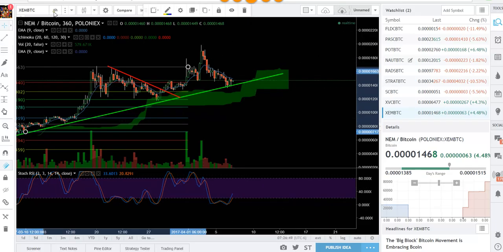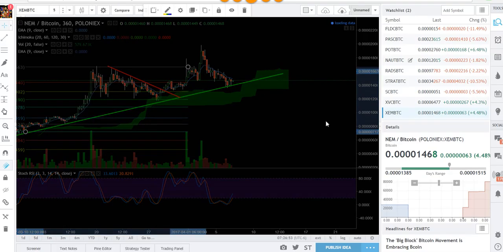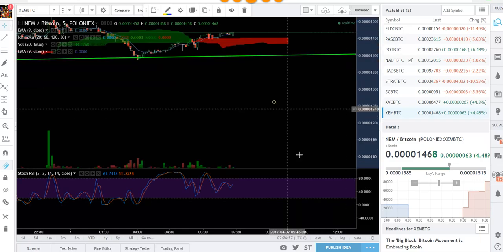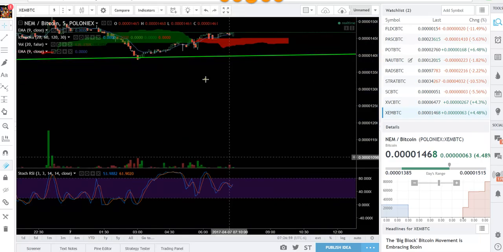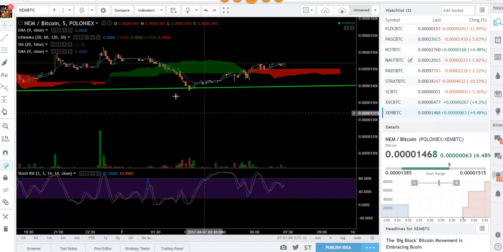Understanding the strength in the market behind us, we may want to stick to riding the trend, buy this thing when it hits the trend or the cloud line, and play it like that.